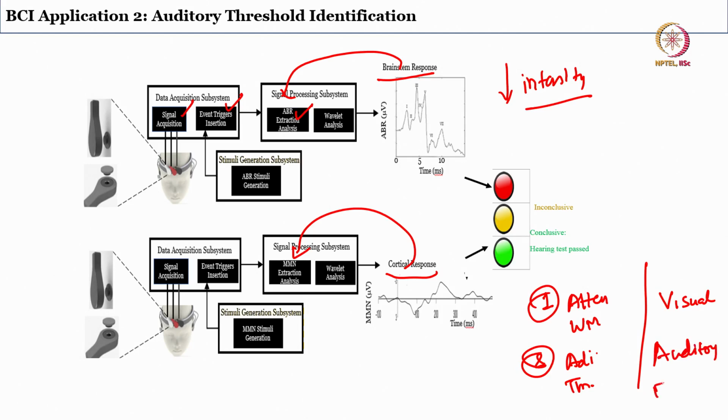So these are two different sets of applications. The idea is to show some block diagrams to give you an idea of how and where you can use it, just a glimpse. So far whatever we have seen is application of ERP. Okay, is free running EEG important?